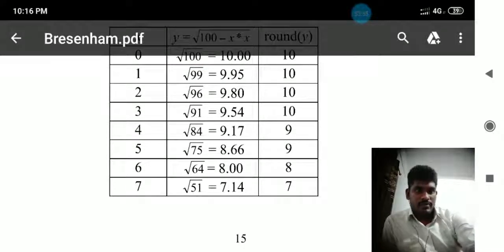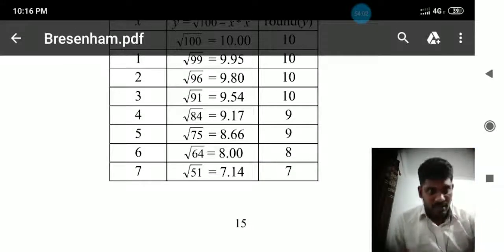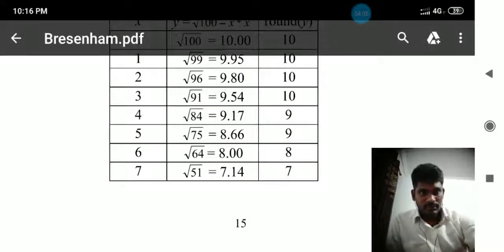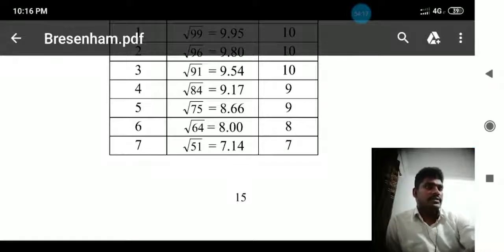Then x increases to 4: 100 minus 16 means 84, square root 9.17, 9 value, only round value, not fraction value. Then x increases to 5. So 100 minus 25, 75, square root of 75, 8.66. Take the 8.66, above 0.5, then we take 9. Then 6, because x is increased.